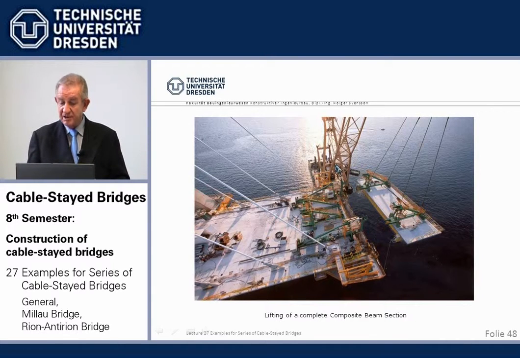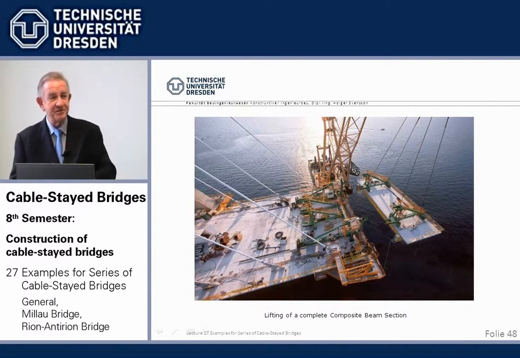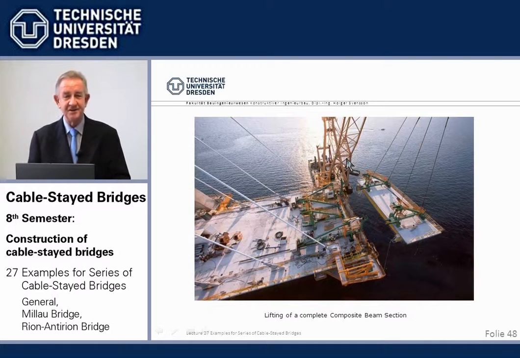But apparently they had this huge floating crane on site, and that thing didn't mind whether it's 60 or 270 tons to lift. And so this was then easier to do.